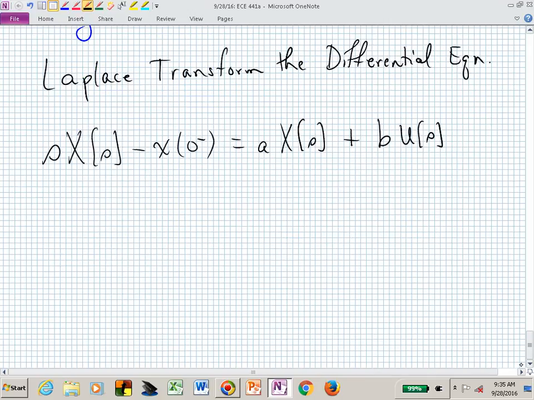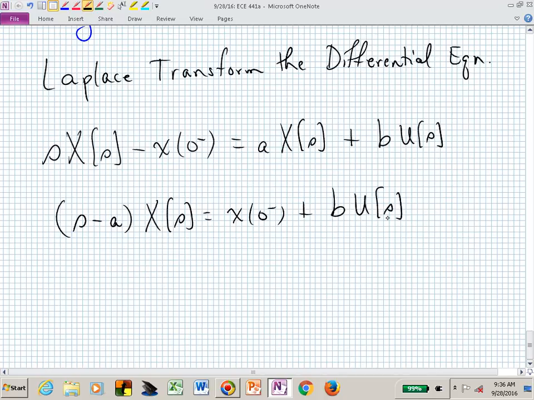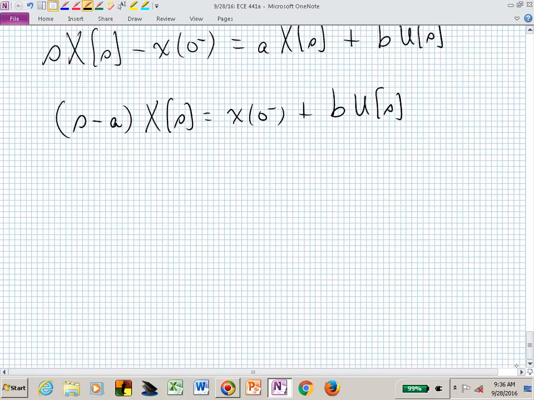Let's combine our terms that involve capital X of s. S minus a times capital X of s is equal to x of 0 minus plus b u of s. I can solve this for capital X of s.